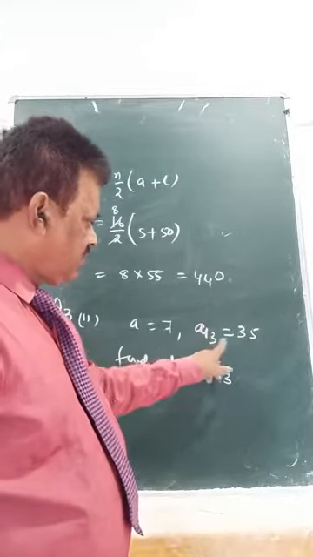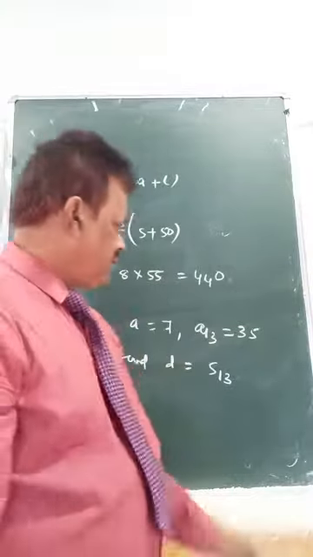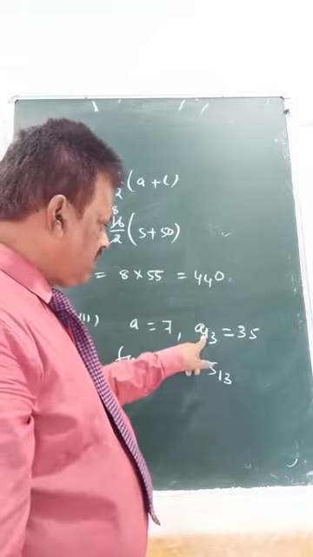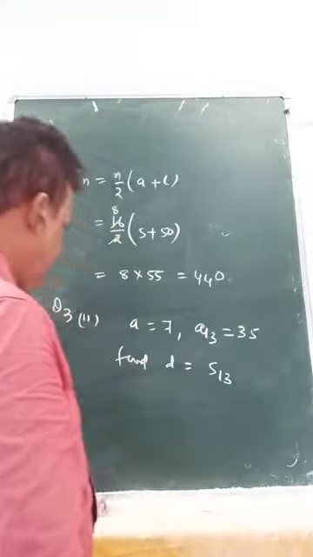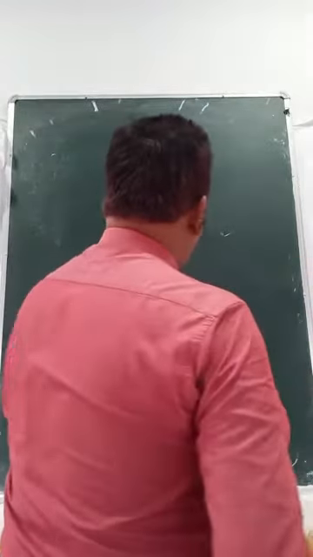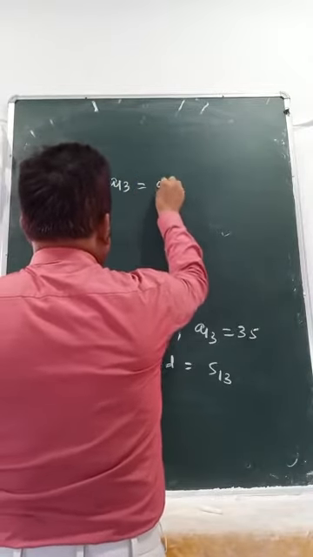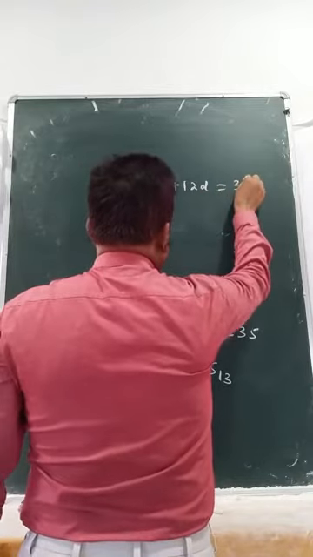Your last term is also given, meaning A13. From S13, if A13 is given, this is your last term. Anyhow, what is the A13 formula? A13 equals A plus 12D, which is equal to 35.